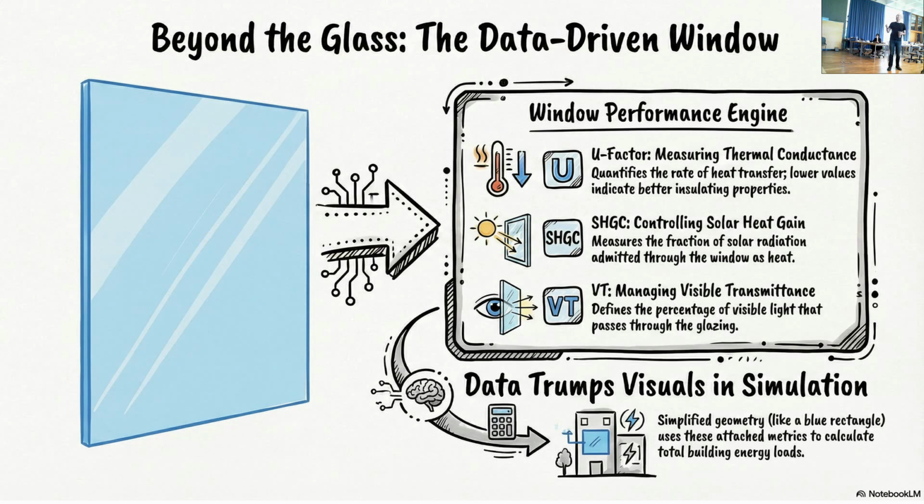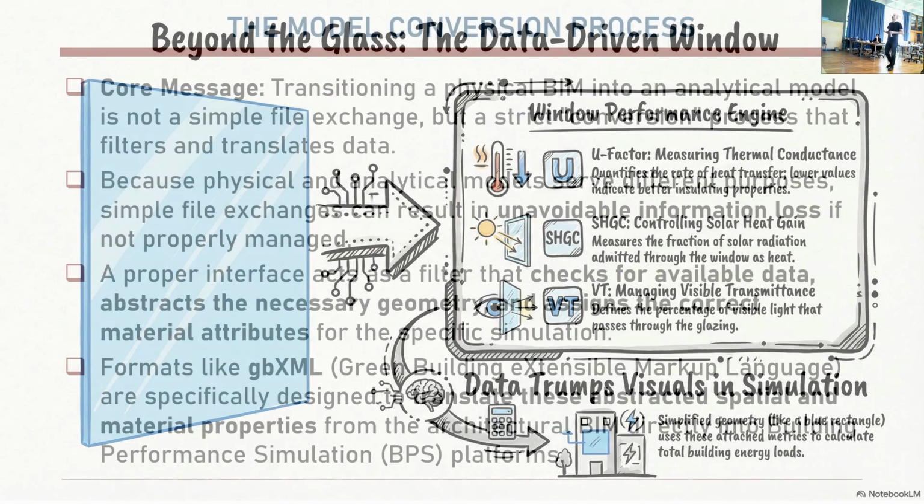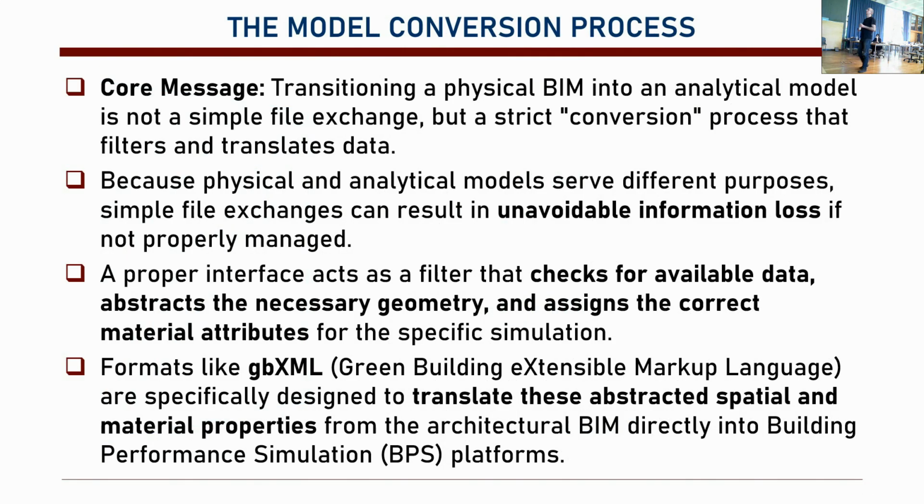Basically, the glass should have the U factor, the solar heat gain coefficient, and or visible light transmission. So you need this data in objects, in materials, so that it can be fed into the simulation, okay?